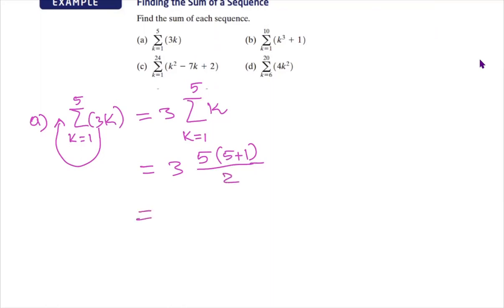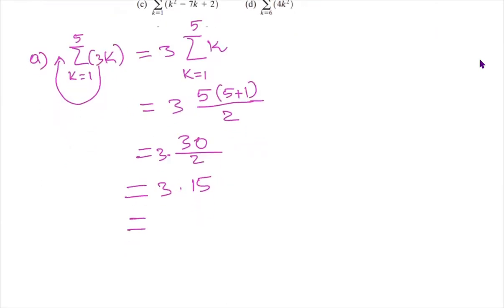So that's 5 times 5 plus 1, 6, 30, over 2, that's 15, and then times the 3. So that's 3 times 15, and that is 45.